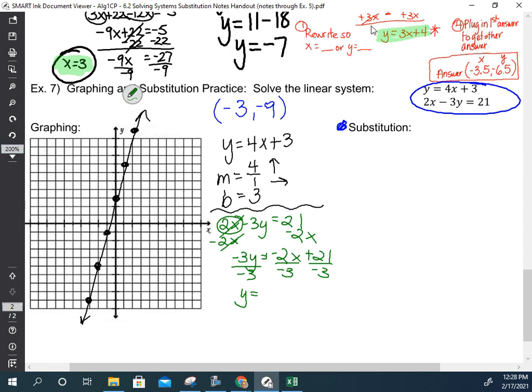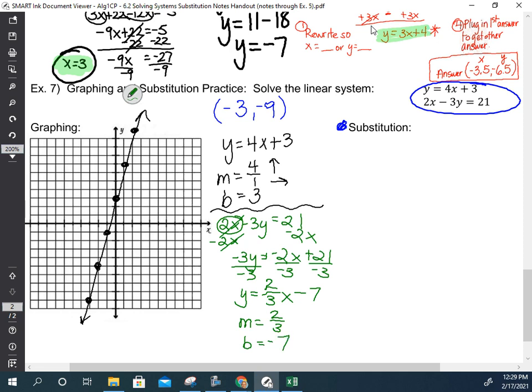So y equals a negative divided by a negative is positive, so positive 2/3 x. A positive divided by a negative is negative, -7. So your slope is 2/3 and your y-intercept is -7.